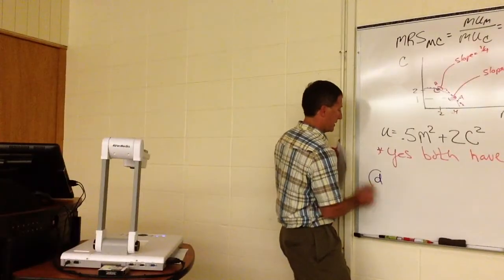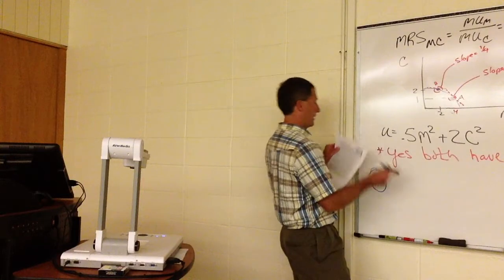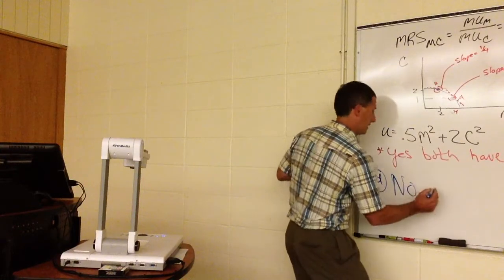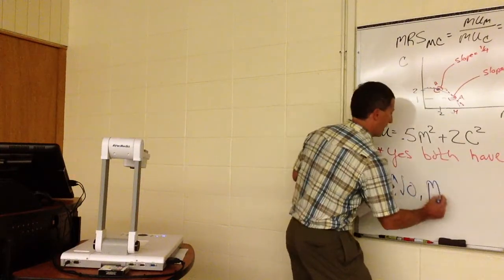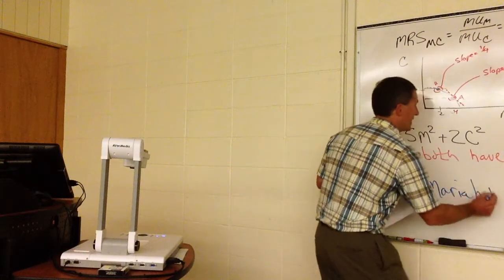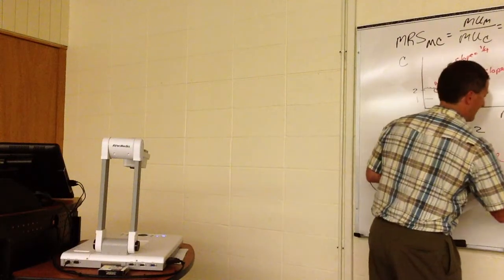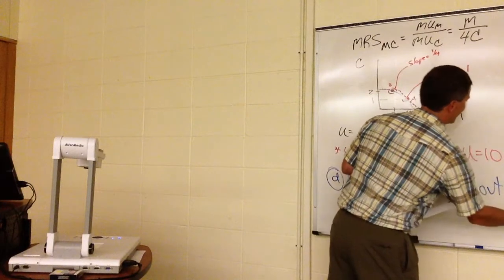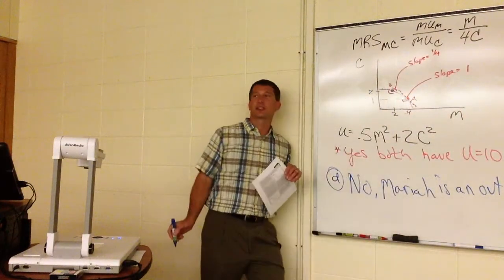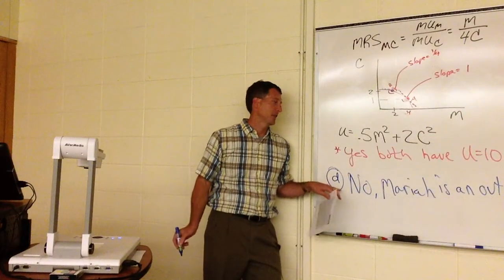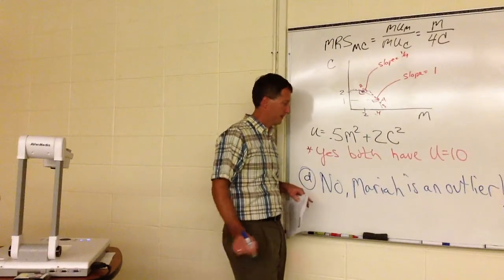All right, so D would be, are they convex? No. Mariah is a weirdo. Mariah is an outlier. She's irrational. She's crazy, according to the economist's assumptions.